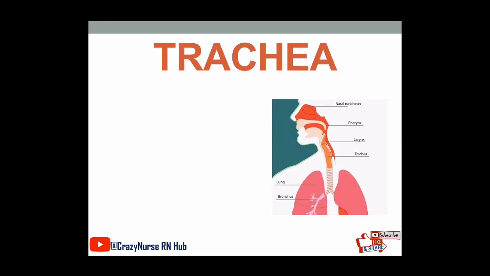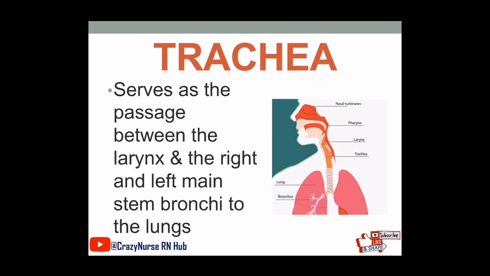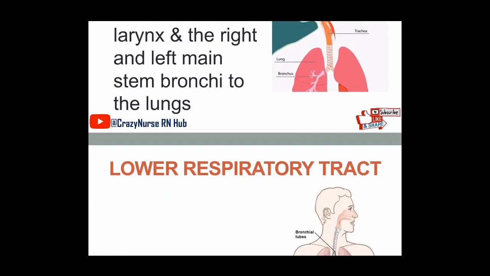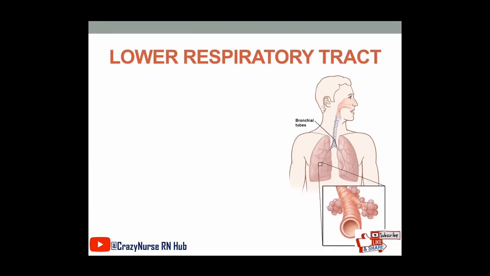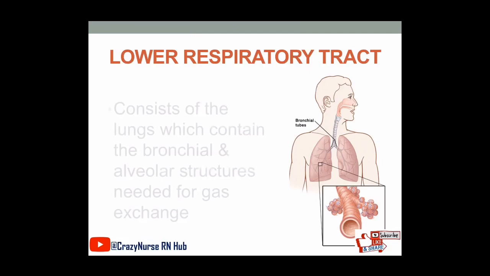We also have the trachea, and it serves as the passage between the larynx and the right and left main stem bronchi to the lungs. So basically that is your trachea. It serves as a passageway going to the right and left main stem bronchi, going to the lungs. We also have here the lower respiratory tract.